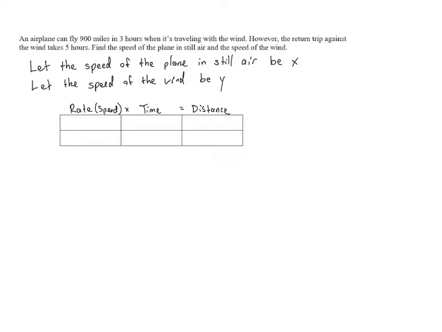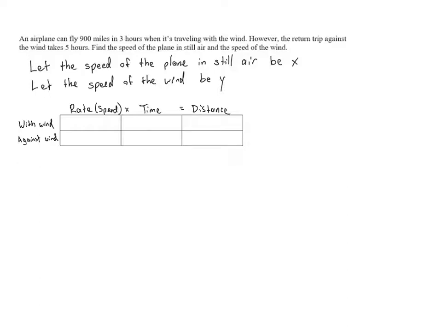So we have to label our rows with the wind and against the wind, because that's the data that we're given. So I'm going to write with wind and against wind. And then let's fill in our table.